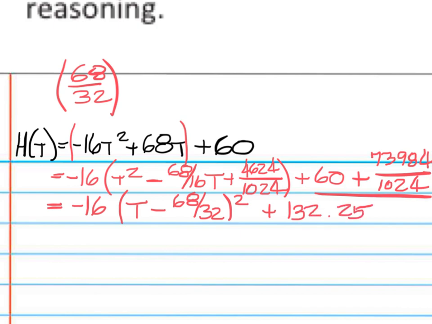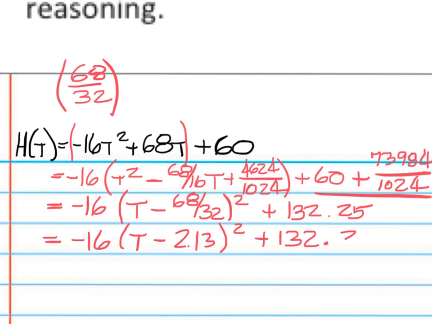What can I still simplify that's going to help us out in this problem? The fraction, yeah. 68 divided by 32 is going to come out to be 2.13 when we round. So we'll keep everything else the same and make it 2.13 here. And we have our constant out here on the right.